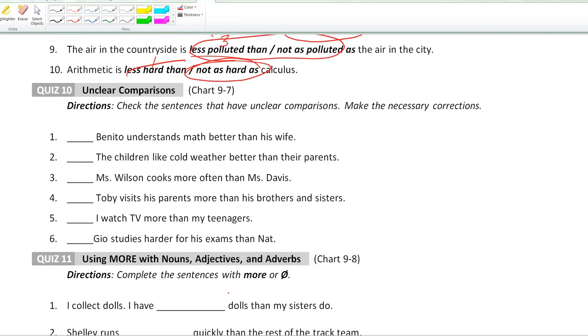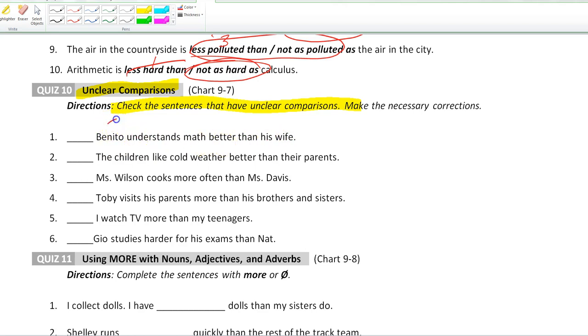Okay, quiz 10, unclear comparisons. Okay, now we've got the thing with unclear comparisons is that when you have one, it means that there are 2 meanings to the sentence. Okay, so Benito understands math better than his wife.